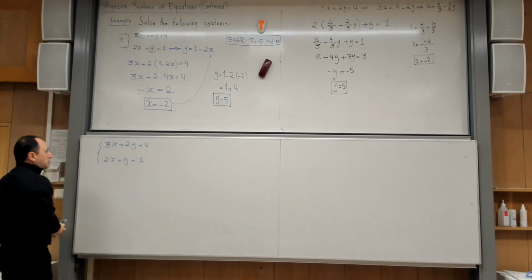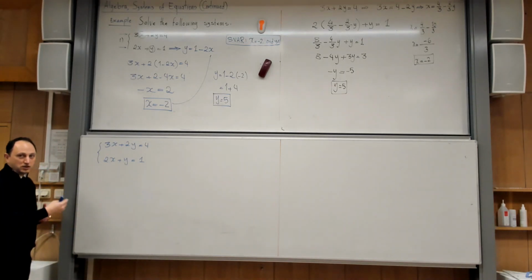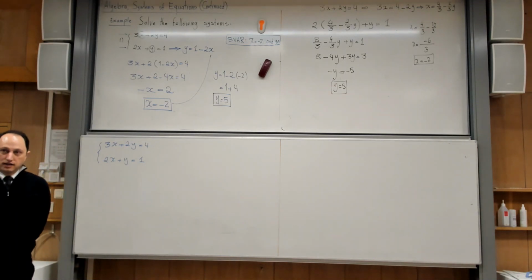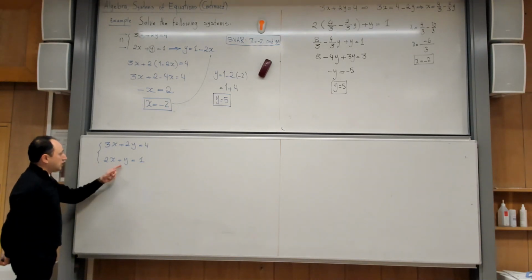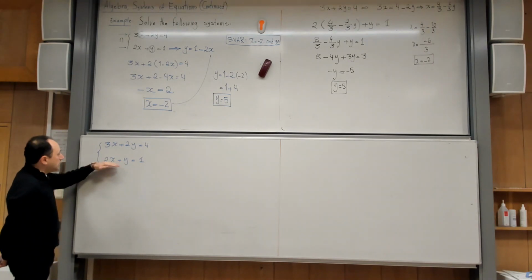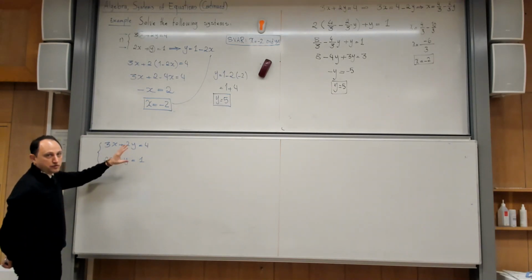Okay, so here my goal is to get rid of one of these variables again, but instead of elimination, I want to use the addition method, meaning that, for example, let us try to get rid of y. How? If I start adding these two equations, there is no way to get rid of one of them, because if I add this by that, 2x and 3x becomes 5x, and y plus 2y becomes 3y.